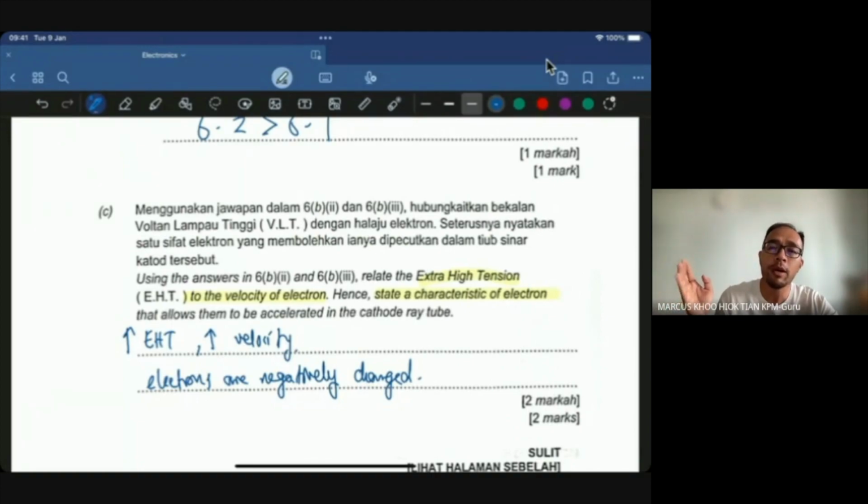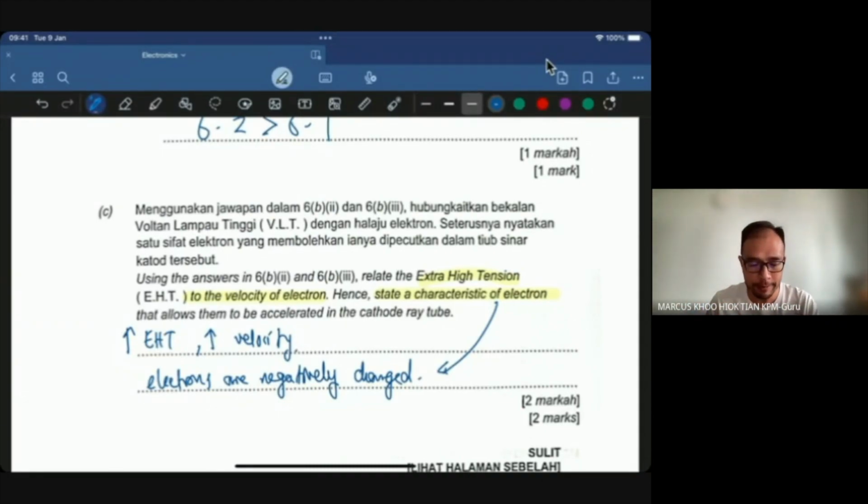Whenever we talk about how the electrons can travel here, how electrons can go there, it is because of this important characteristic, that electrons are negatively charged. That's why we can do a lot of things with electrons. All we have to do is just provide them a positive plate. Then they can go to the positive plate and do whatever it is that you want them to do. Very important characteristic. I cannot stress this enough. This should be the answer generally.